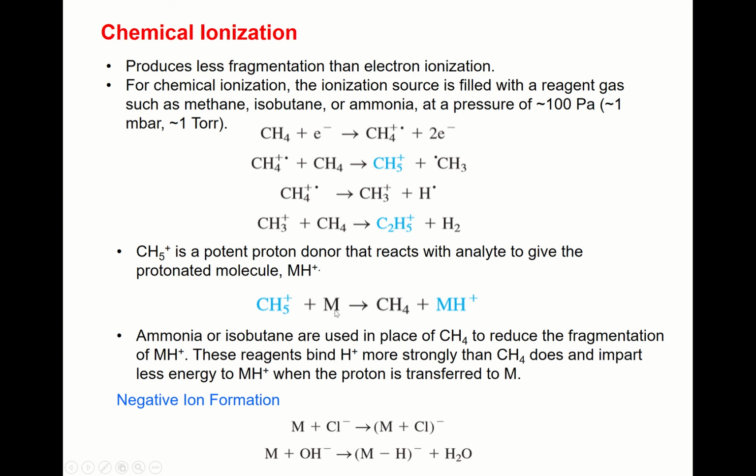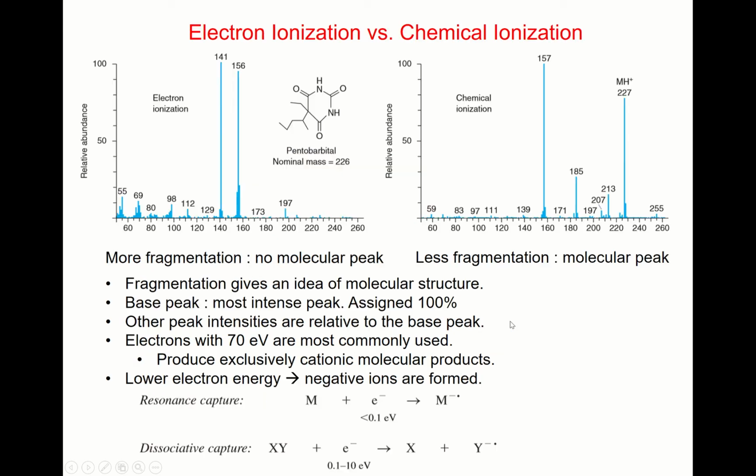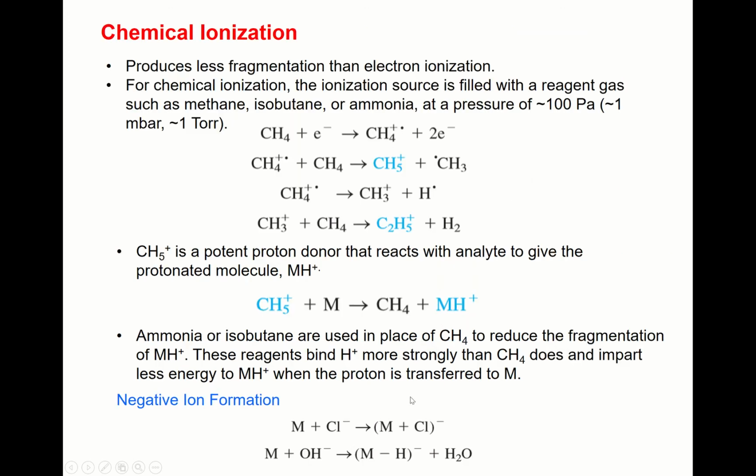So molecule M becomes a protonated cation, MH plus. Since a proton is added, the mass number is the molecular mass plus one. That's why you see a mass number one higher than the molecular peak: the protonated molecular peak.